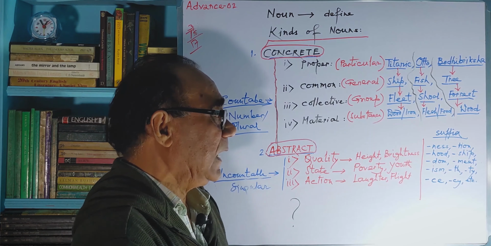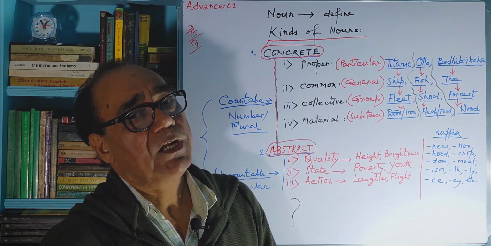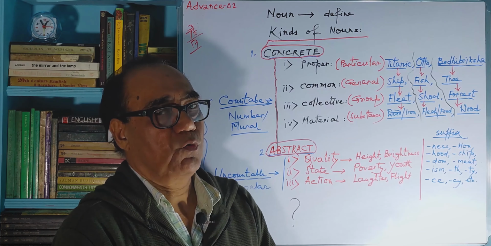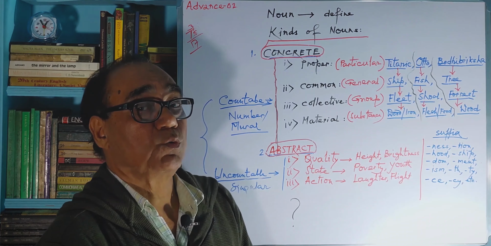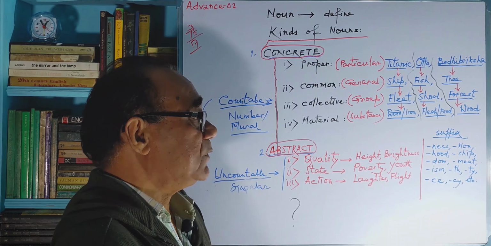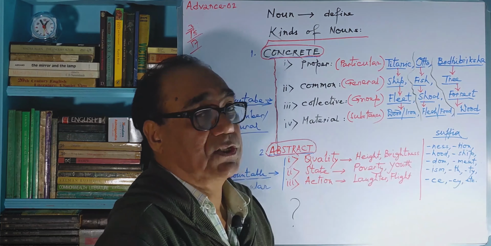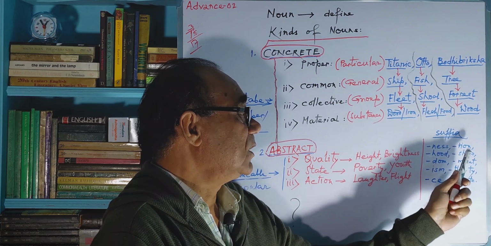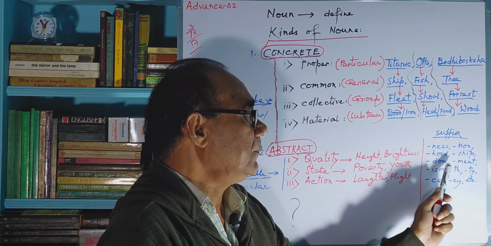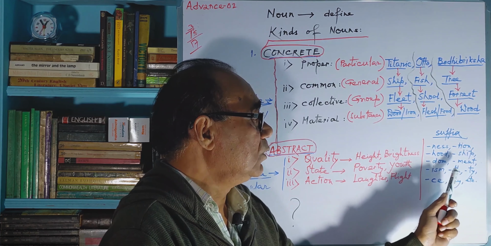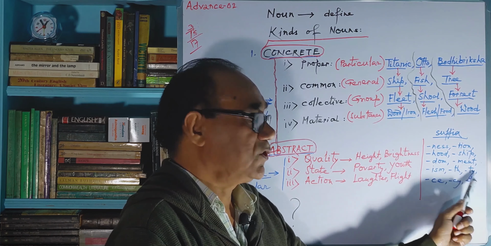And action: laughter, flight, etc. It is not very difficult to understand what is an abstract noun, which word is an abstract noun and which word is not. Normally, abstract nouns end with these suffixes: ness, tion, ship, hood, dom, ment, ism, th, ty, ce, cy, etc.